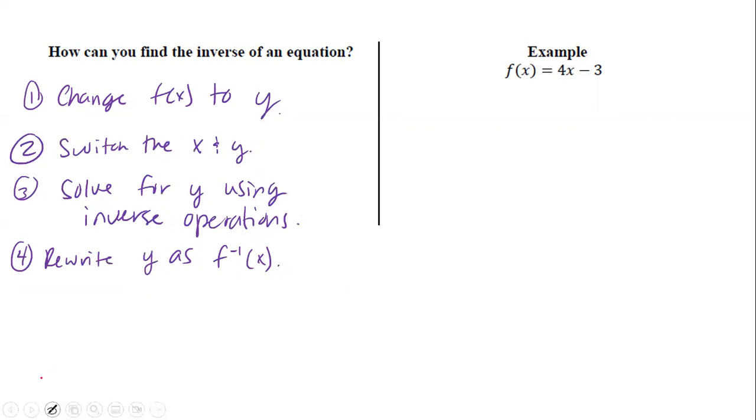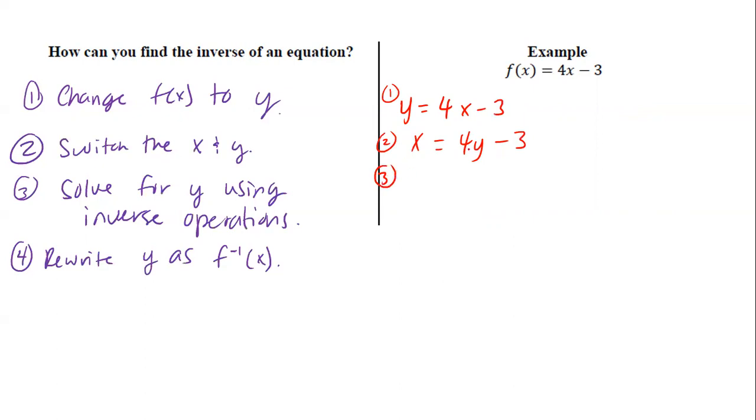All right. So here we have f of x equals 4x minus 3. So we're going to rewrite it as y equals 4x minus 3. That's step one. Step two is we're going to switch the place of our x and our y. So instead of y equals, it becomes x equals 4y minus 3.